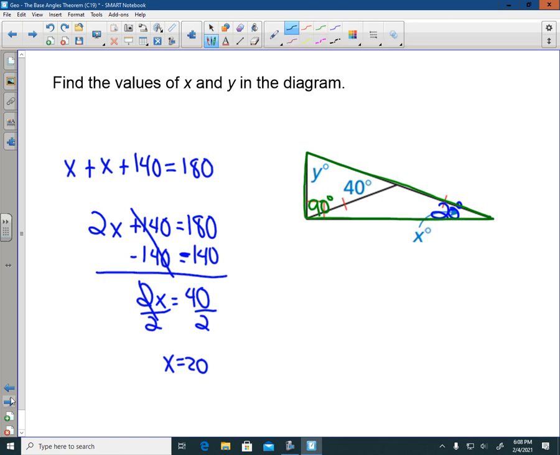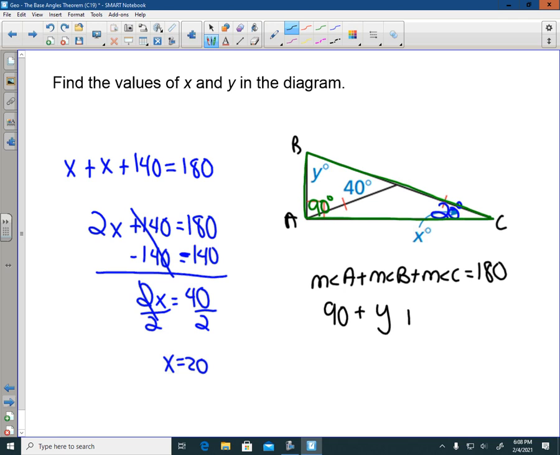Well, since it's part of a triangle, let's call this ABC again so that we're real clear about what we're talking about. We know that the measure of angle A plus the measure of angle B plus the measure of angle C is 180, right? Because that's what the triangle sum theorem tells us. So the measure of angle A is definitely 90 because that's what that box means. We're not sure what the measure of angle B is, but we want to know. We do know the measure of angle C because we just figured it out is 20, and that's all going to equal 180 degrees.